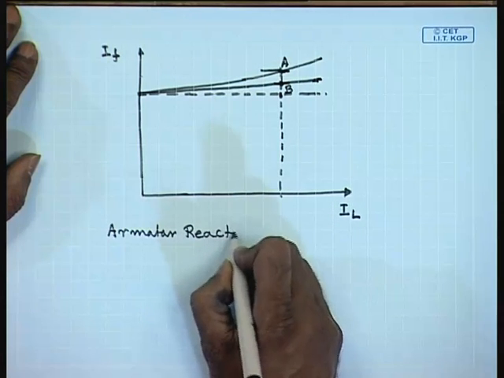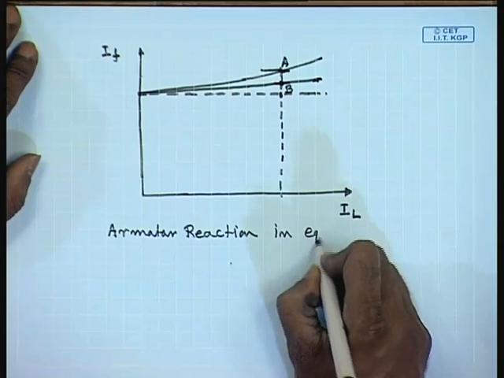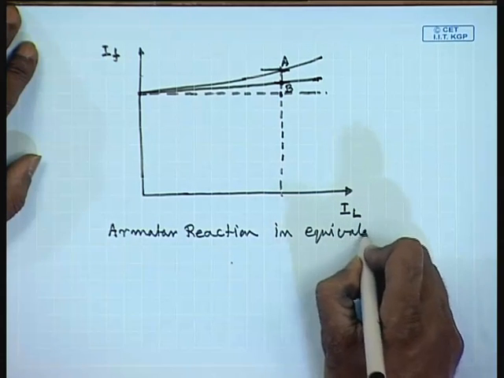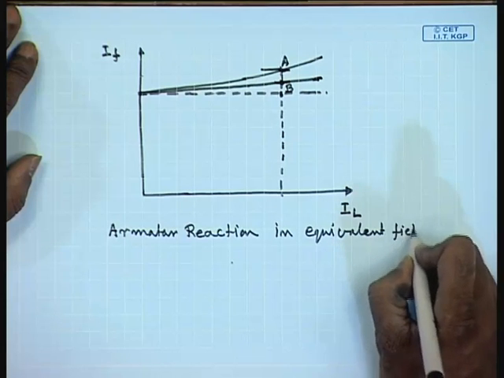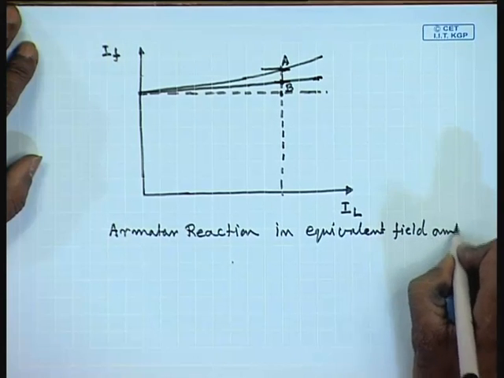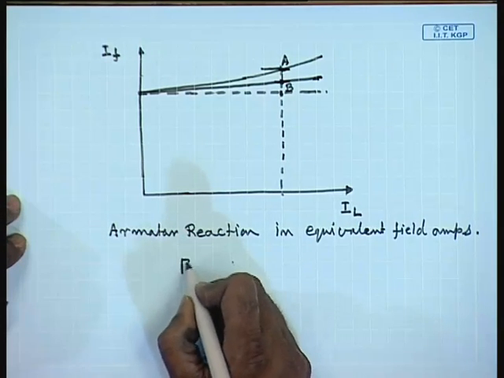Armature reaction in equivalent field amperes. This curve is called the field compounding curve.